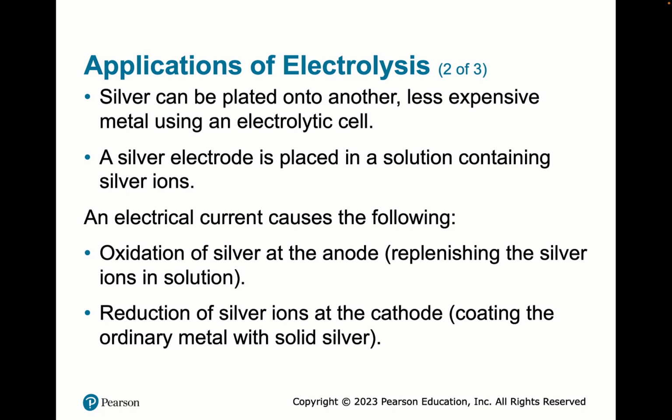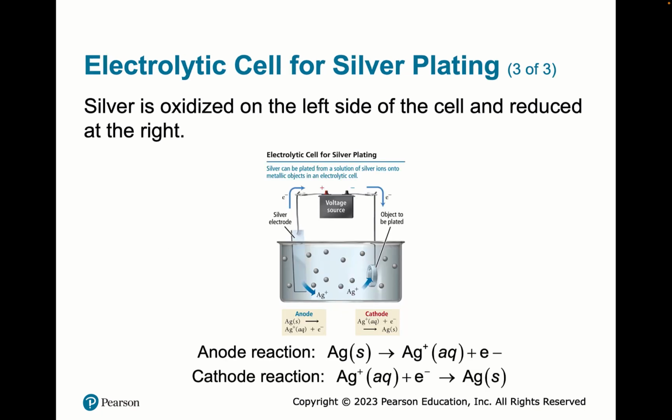And so you can take a solution and you can put hunks of, well, in this case it would be the anode, but it's usually the cathode. But you can take a big hunk of silver and put it in the container, and then you can turn on the electrolytic cell, and then the silver ions will go and coat whatever less reactive metal you want to have on there.